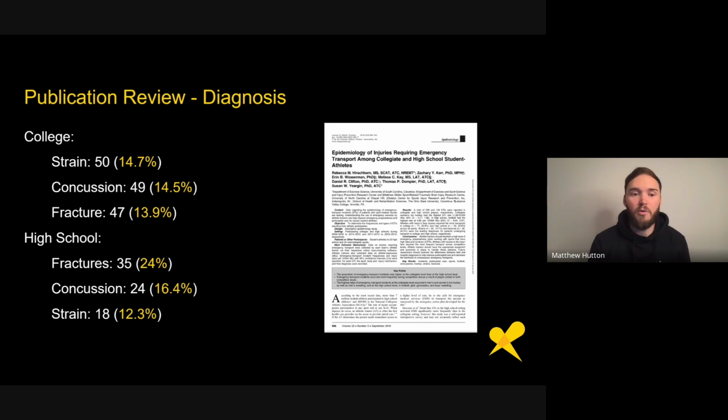now EMS is getting there, and no matter where you are, even in big cities, there's a limited number of ambulances, so there's one less because you just sent a neck strain.